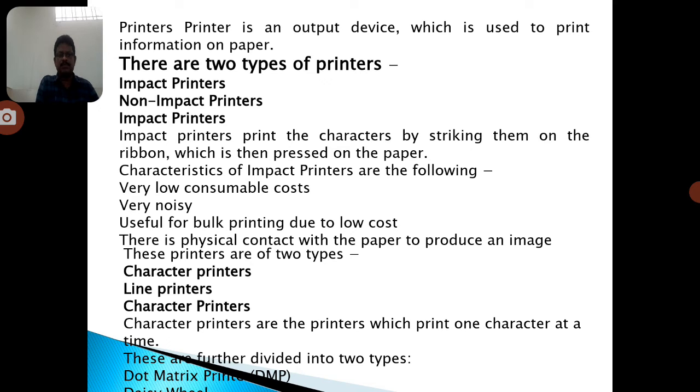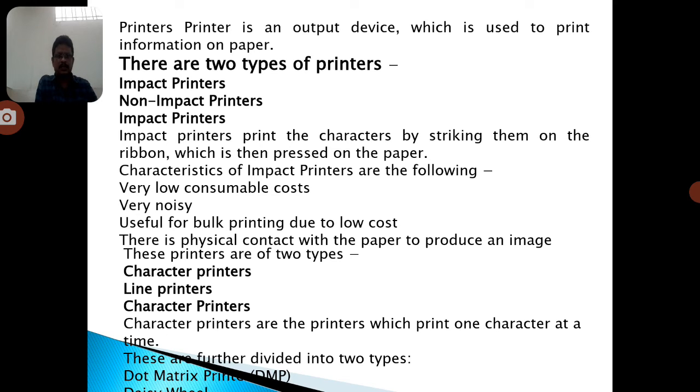The characteristics of impact printers are a very low consumable cost, and they are very noisy, because they print character by character. That's why they are noisy, and the cost of impact printers is very low.